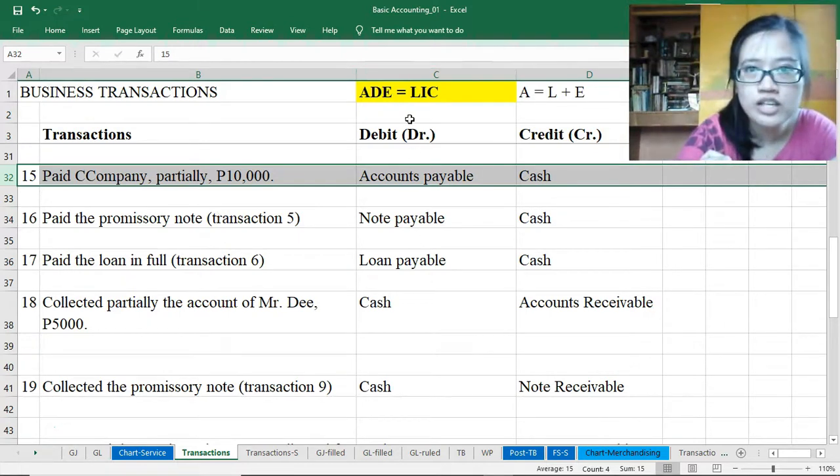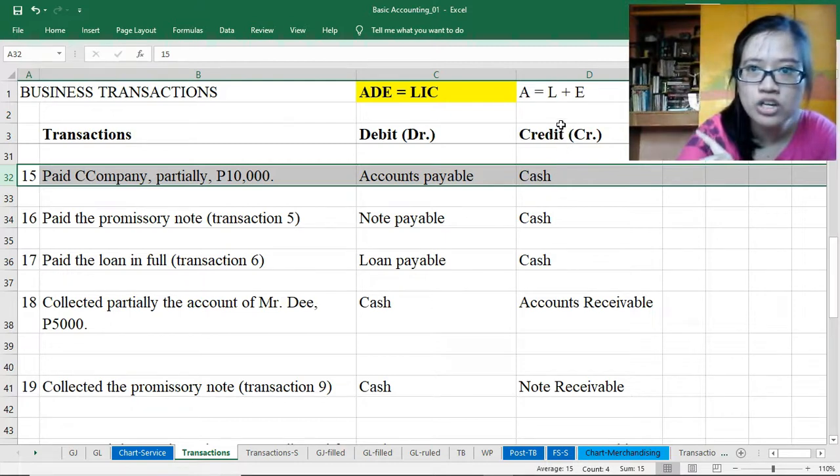Okay? So, dito sa ating equation, anong affected na accounts? Asset. Nabawasan ang asset. So, credit natin siya. Credit to cash. And then, liability. Nabawasan ang liability, yung accounts payable natin. So, debit yung accounts payable. Okay? So, again, di ba, normal side ng asset is debit, pero kapag siya ay nabawasan, kikredit natin siya.